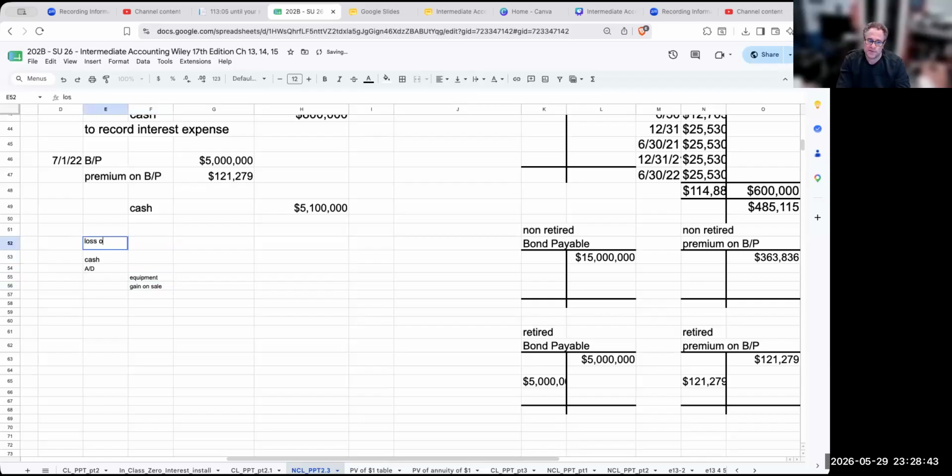And then the loss on sale if we have a loss. Now, I always use the gain or loss as what I call my plug, or whatever I need to do to balance. So over here, I basically am going to have a gain on bond redemption. So my gain on bond redemption is going to be the amount of 21,279.